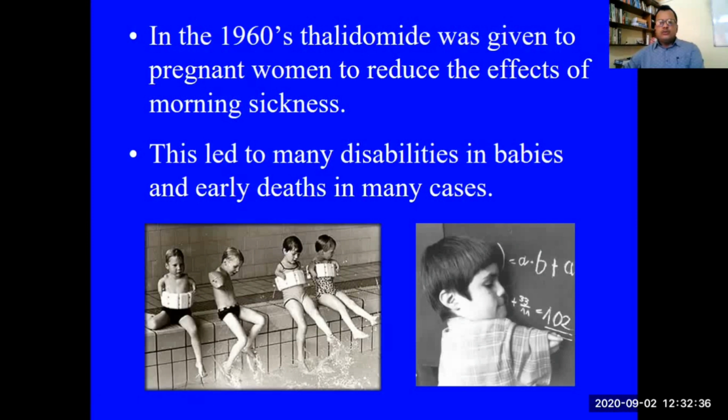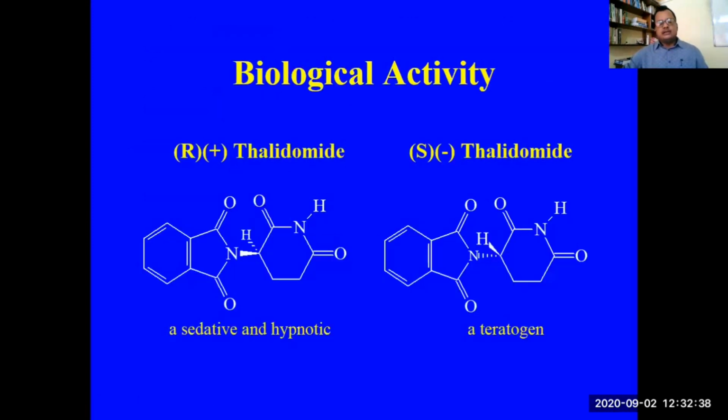And later on, when research was conducted, they found that only R plus thalidomide was effective as a medicine, whereas S minus thalidomide was a teratogen. Teratogen means it affects the fetus. And as a result, the babies born to mothers who used thalidomide as a medicine had certain physical disabilities.